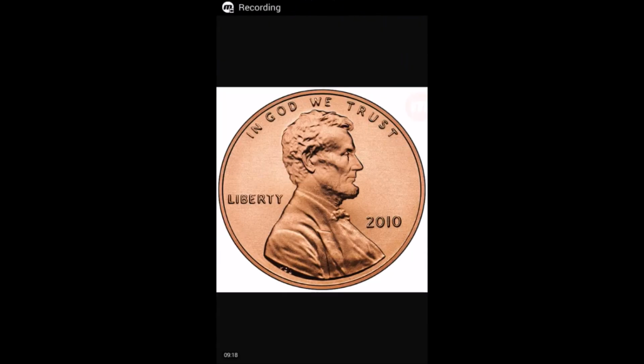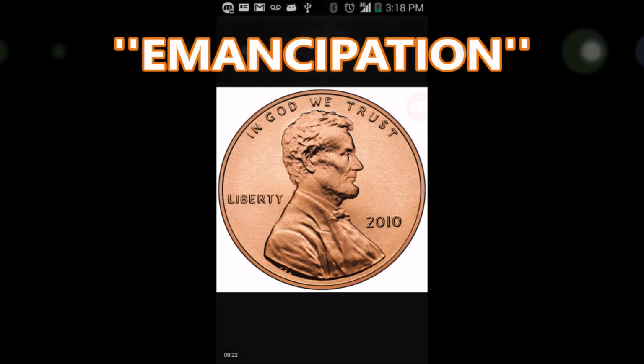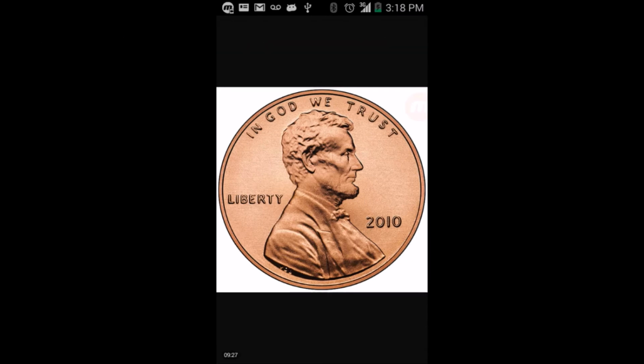Why do I say that? Because emancipation simply means to transfer your property from one owner to another owner. That's not freeing no one. When you emancipate someone, it's simply to transfer a particular property from an owner to another owner. That's what Abraham Lincoln did.